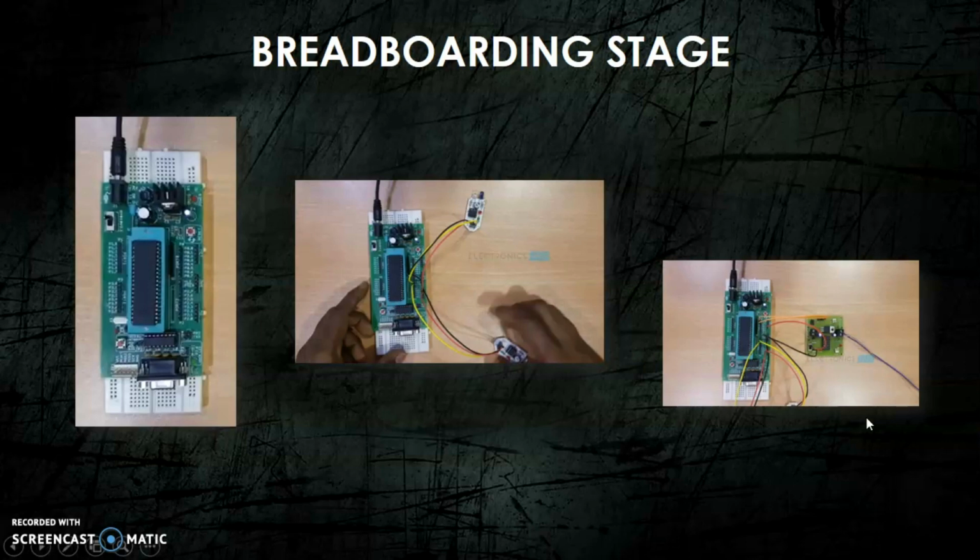Next, for the L293D motor driver, the inputs IN1 and IN2, which are pin 1 and pin 2, are given from port 0 of the microcontroller. But before connecting them, two 1 kilo ohm resistors were used to pull the port 0 pins high. Then, the output pins of the motor driver were connected to the motor.